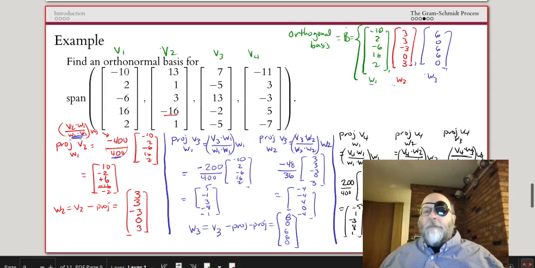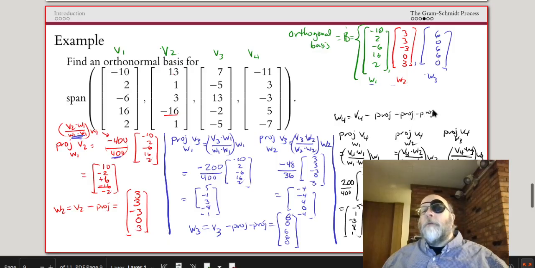And finally, I'm kind of running out of room here. W4 is V4 minus all of these projections. So that's going to be negative 11 minus negative 5 is negative 6. Minus negative 3 is negative 3. Minus negative 3 is 0.